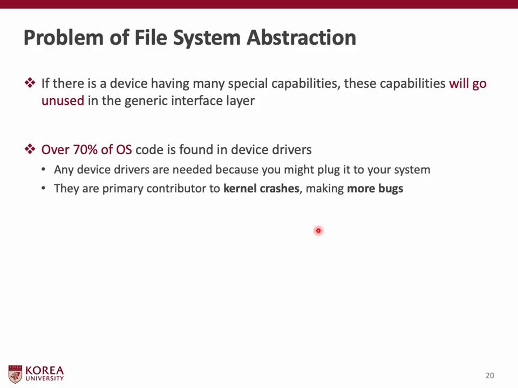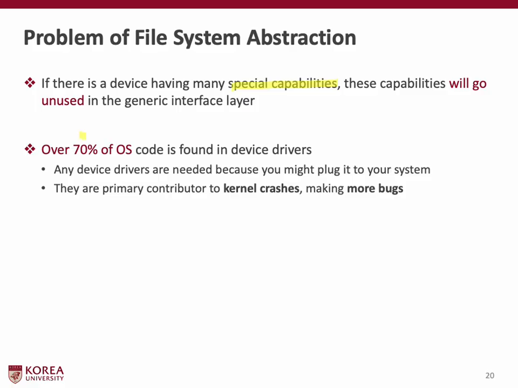As mentioned before, abstraction is very powerful, but it also includes several limitations. For example, if a device has special capabilities, these capabilities may not be used because the general interface doesn't support them. Also, device drivers make up a large part of the operating system code.